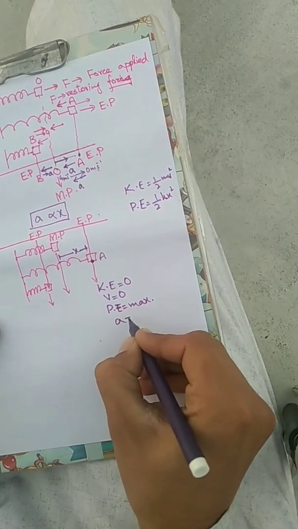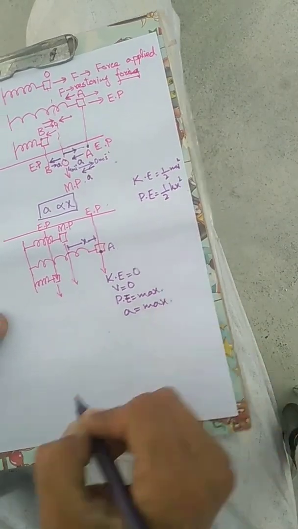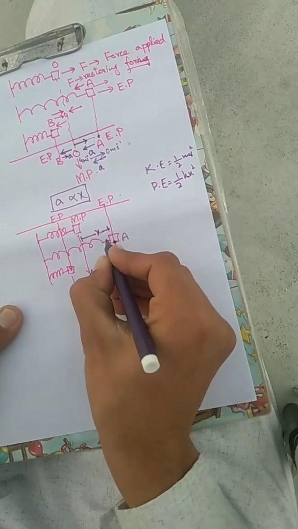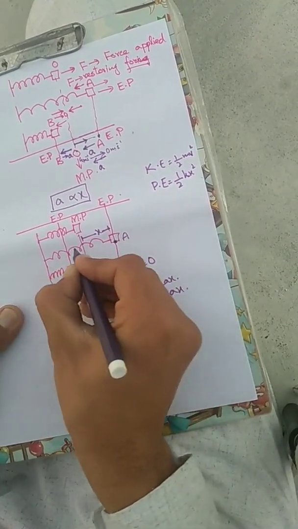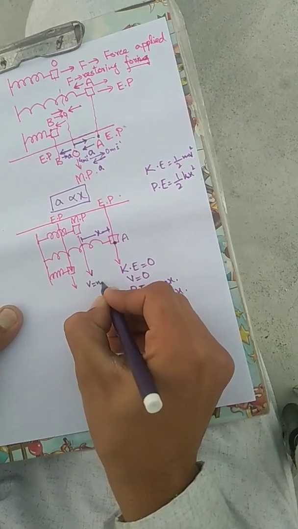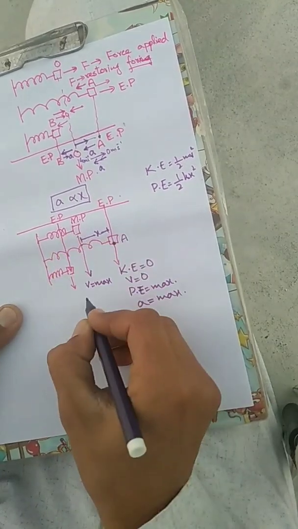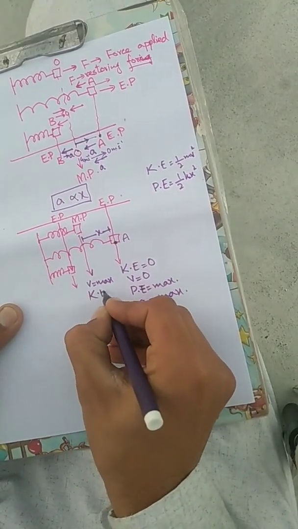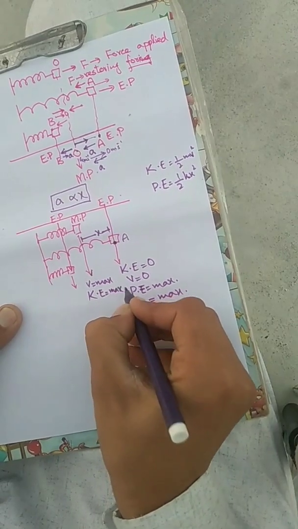And acceleration is maximum. At the mean position, the object moves, it does not stop, so it has maximum velocity at this mean position. When velocity is maximum, kinetic energy will be maximum.